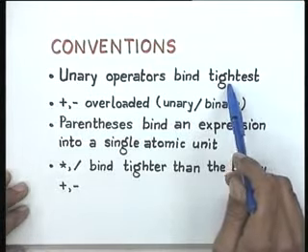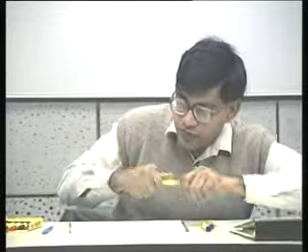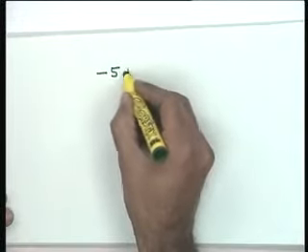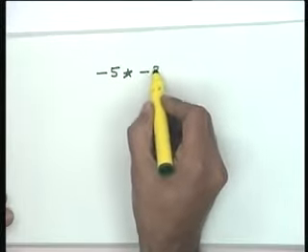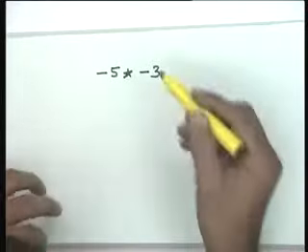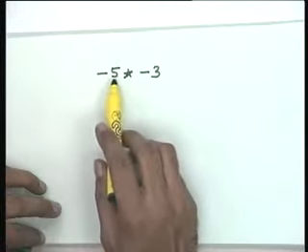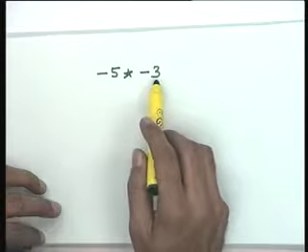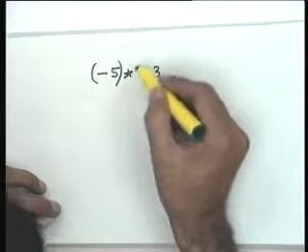So if you have, for example, an unparenthesized expression of this form, minus 5 star minus 3, or minus 5 star 3, then what you mean is that this minus refers to this 5 and not to the entire expression, this minus refers to this 3, and this star binds these two.